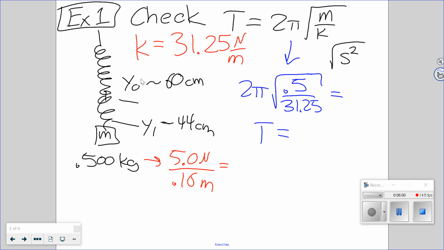So with this thing, if it oscillates, it should be 0.795 seconds per cycle.